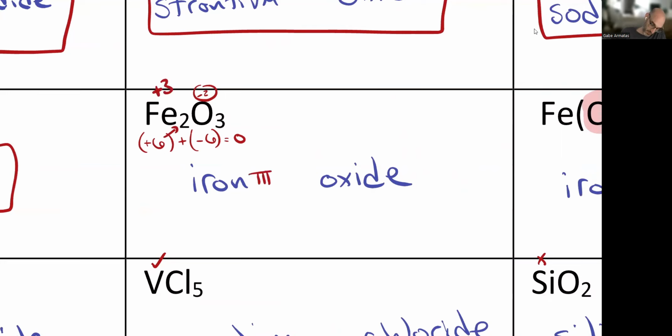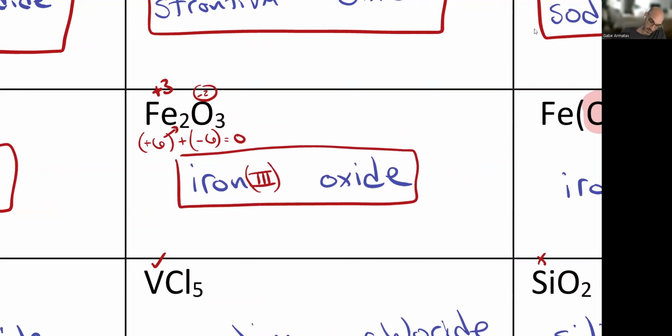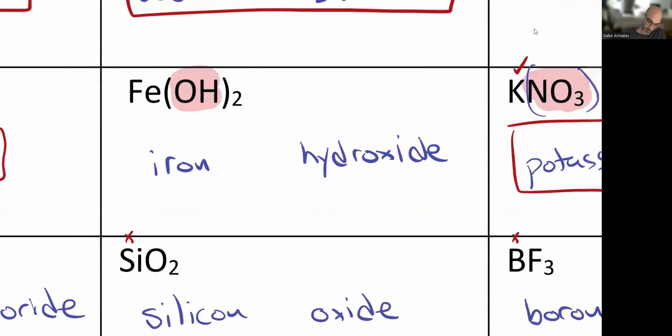This is iron 3 oxide. How about this one? I know hydroxide itself is -1, and I have two of them. So overall, I have a -2 charge from the hydroxide. The iron has to be +2 in order to make this neutral. So this is iron 2 hydroxide.